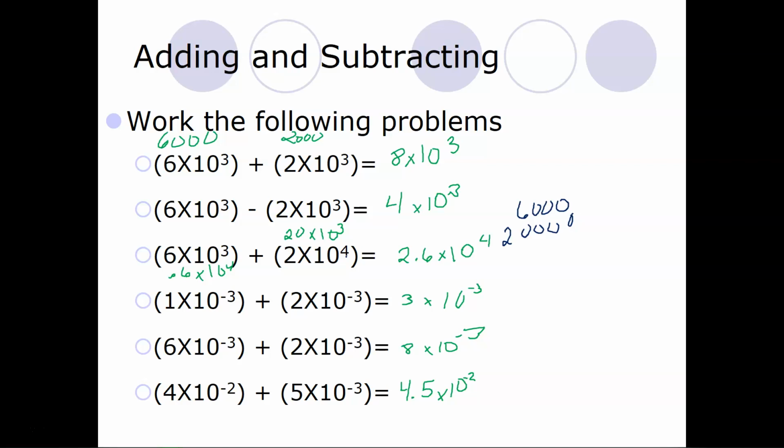So when you add 20,000 to 6,000, you would get 26,000. Then your decimal is understood to be back here, even though we don't generally write our decimal at the end of the number, because what's the point unless we're doing a decimal?